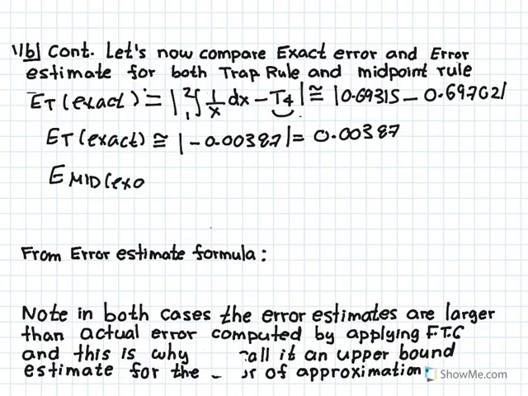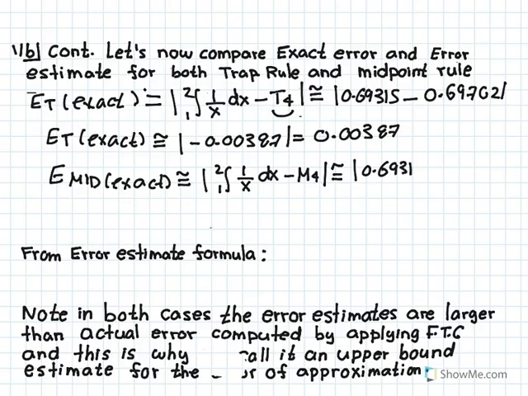Now for the midpoint rule, error midpoint, exact. This is going to be the integral from 1 to 2, 1 over x dx, minus M4, and this is going to be 0.69315 minus 0.69122, which we found was the midpoint approximation with 4 rectangles.